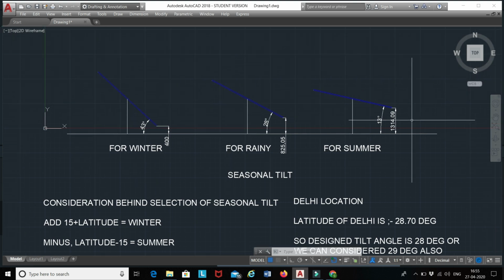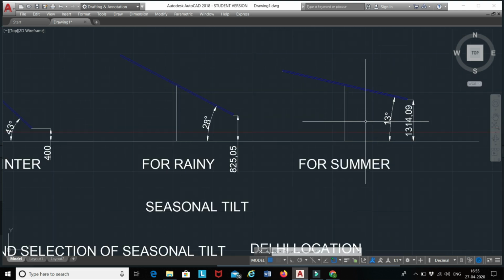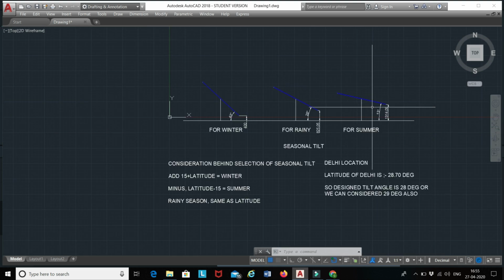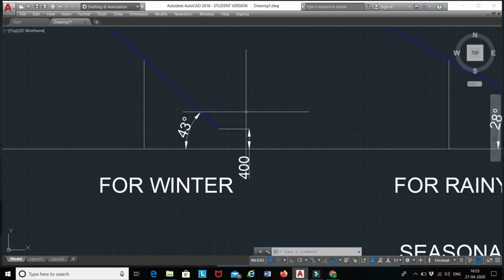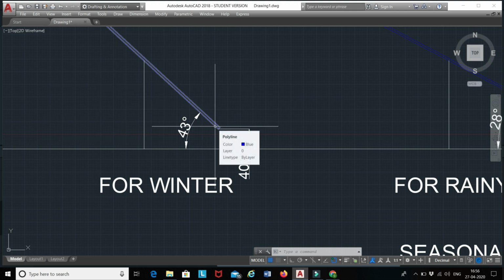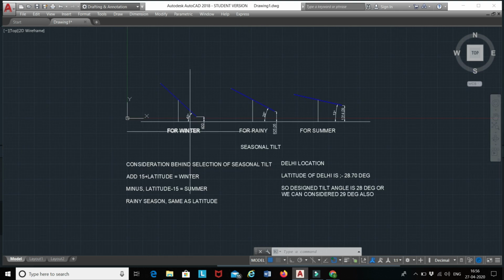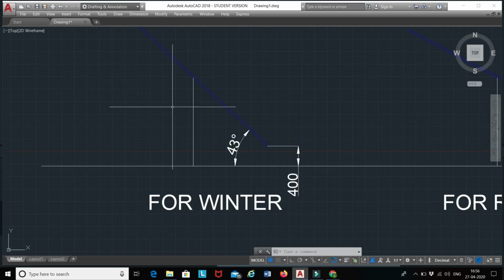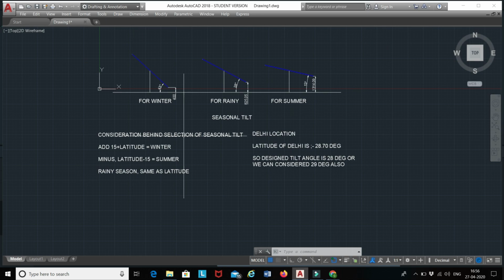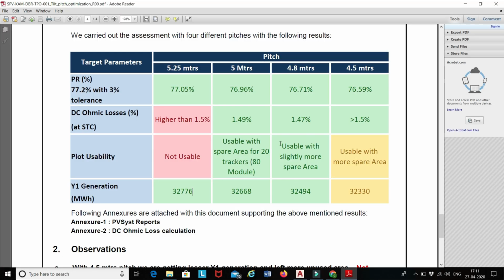If we consider the parameters of a lower tilt angle to design a 43 degree tilt angle structure, the structure will definitely be damaged. So always keep this in mind. So this is one method.